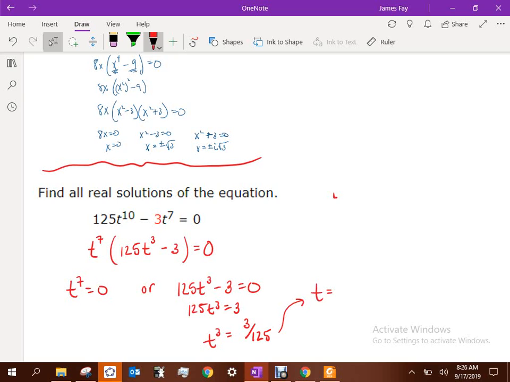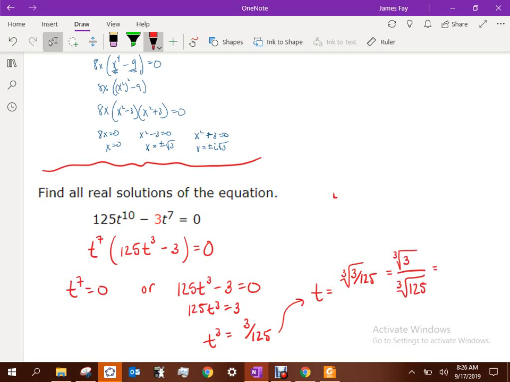Okay, it's not a plus or minus. Okay, it is simply just the cube root of whatever you have here. Okay, so I get the cube root of 3 over 125. Well, we know based off of our rules for radicals that we rewrite that as the cube root of 3 over the cube root of 125.